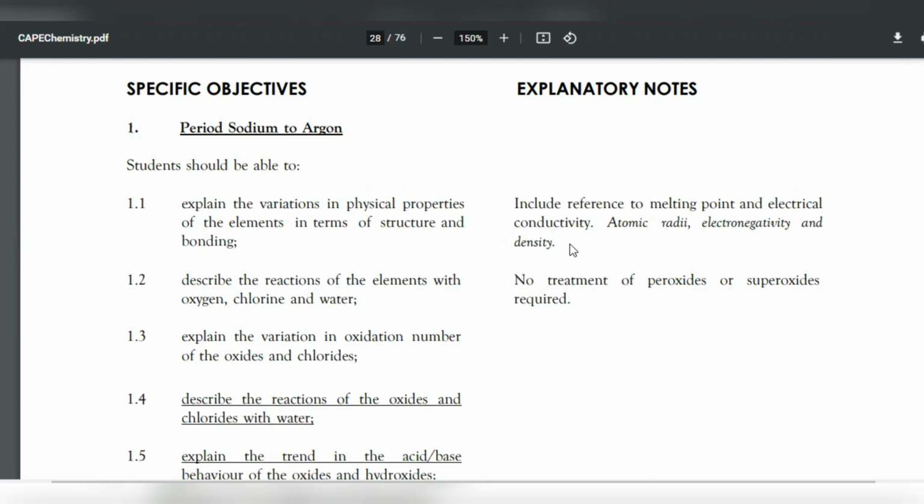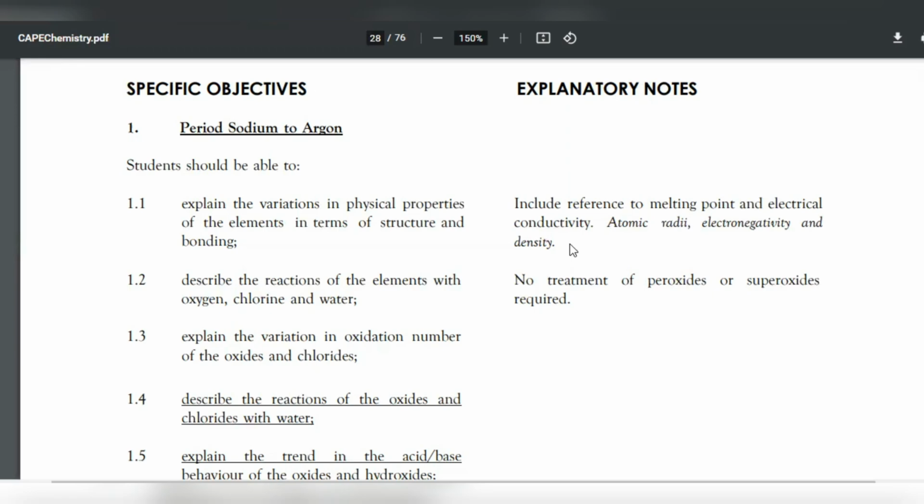So why is chlorine a gas and sodium a metal, a solid? We said for sodium that it is metallic bonding, and metallic bonds are strong, so the particles are held together by strong electrostatic forces of attraction. For chlorine, the particles are held together by weak van der Waals forces.